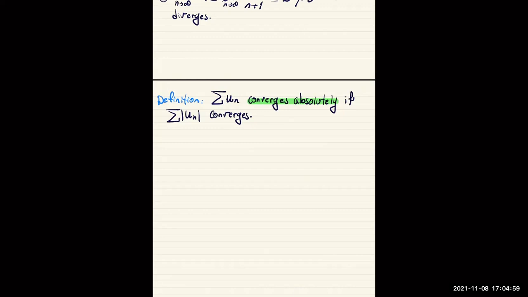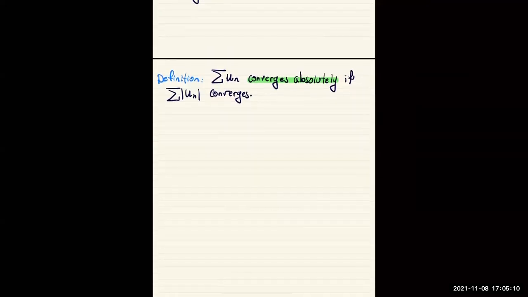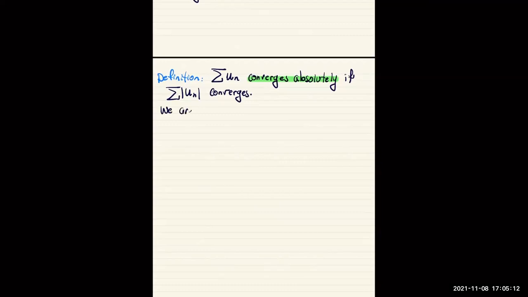Okay, so absolute convergence is something you do on an alternating series, not a positive term series. ABS here stands for absolute, CONV means convergence, but we are interested in absolute convergence of an alternating series.